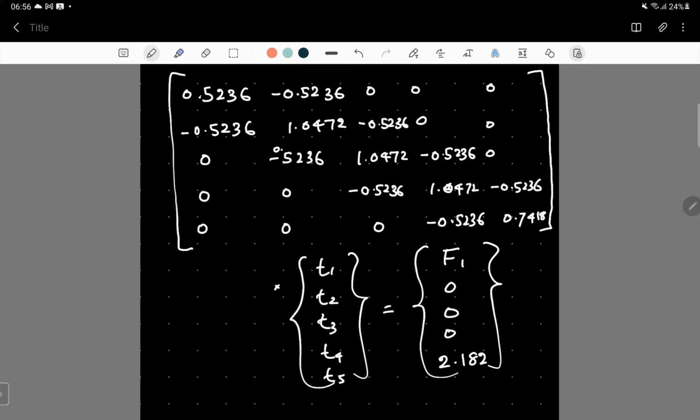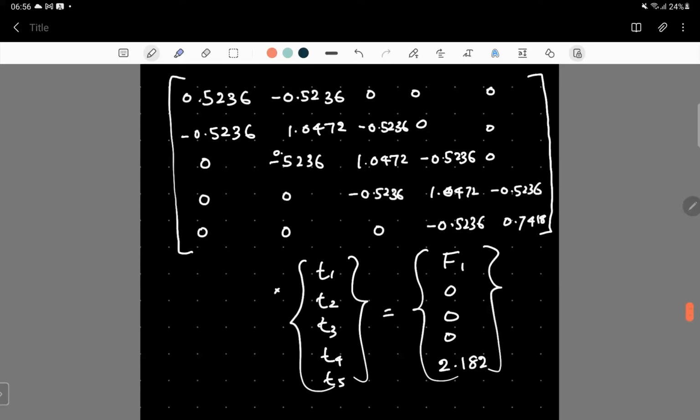So we have the total structure stiffness matrix and the corresponding temperatures related to the force matrix. Here, the F1 value corresponds to an unknown rate of heat flow at node 1. If you compare with a structural problem, it is analogous to an unknown support force in a stress analysis problem.